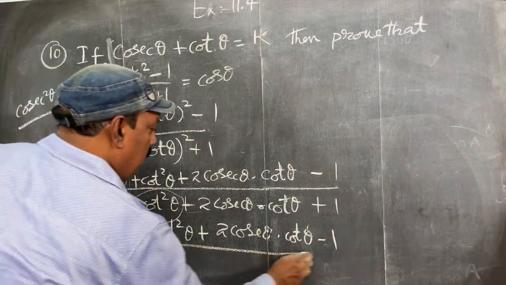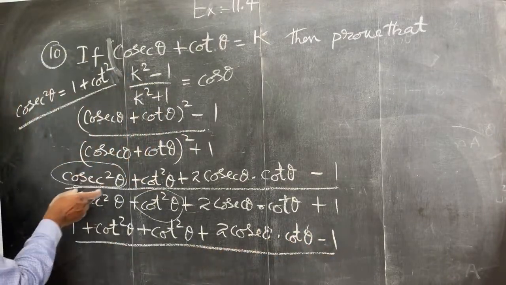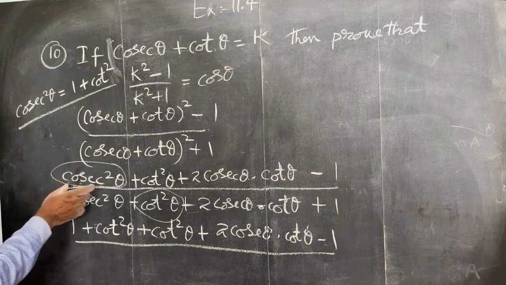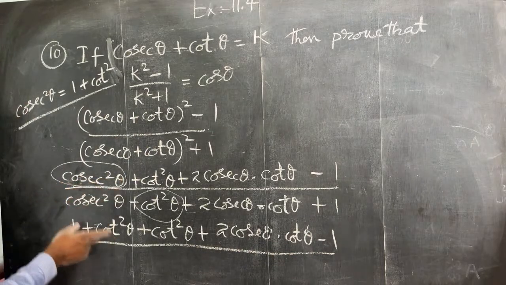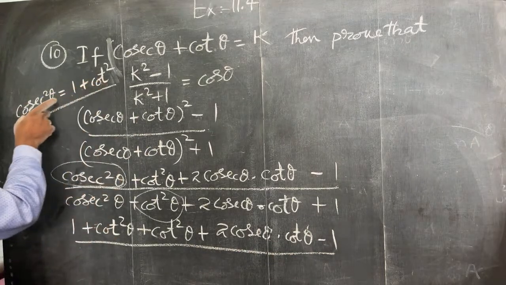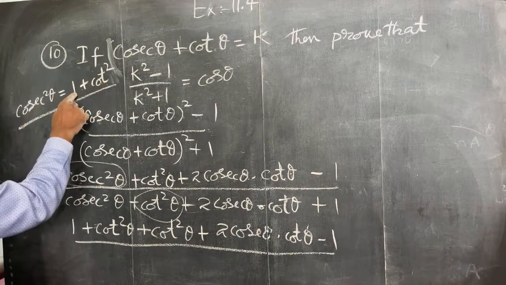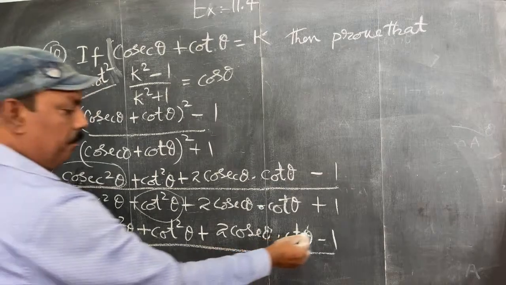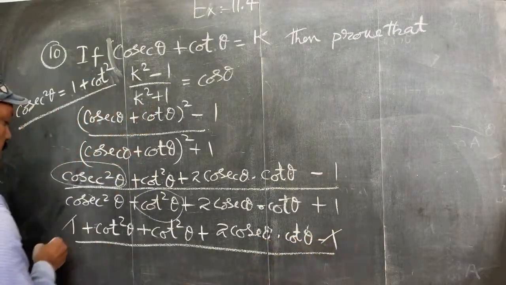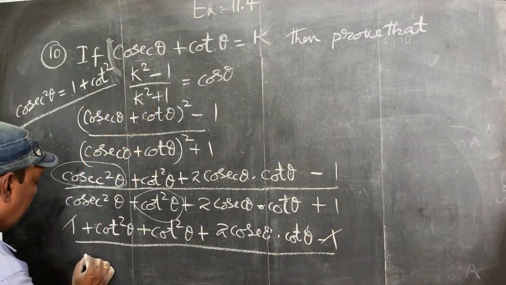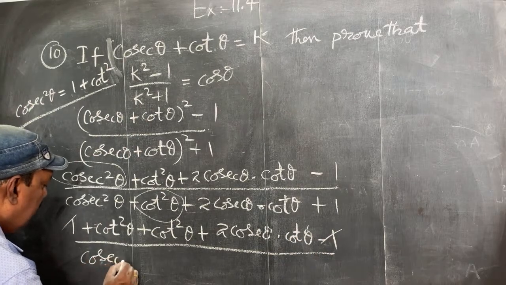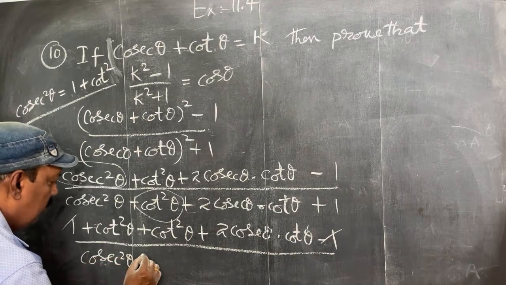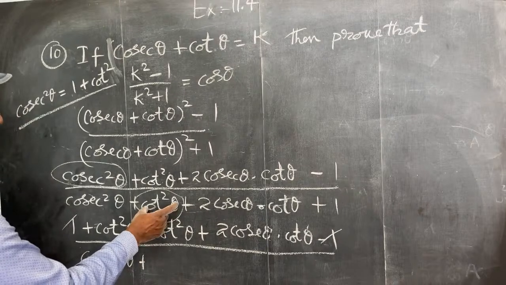by, in the numerator I change only the cosecant square theta. In that place I use the cosecant square theta value, that is nothing but 1 plus cot square theta. So now here minus 1 plus 1 got cancelled. Down I am keeping cosecant square theta as usual, but I am taking the form of cot square theta.